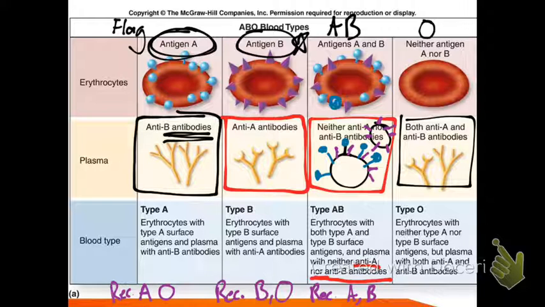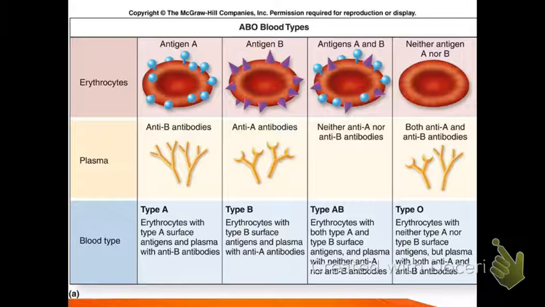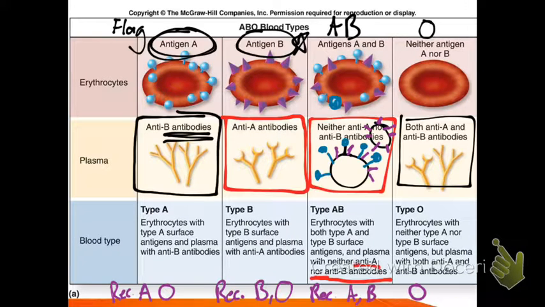And if you're blood type O, you have antibodies for all flags, so you can only receive from other people with blood type O. I didn't finish off blood type AB. They can receive from AB and also O, because remember, the O cells have no flags. So that's still okay.